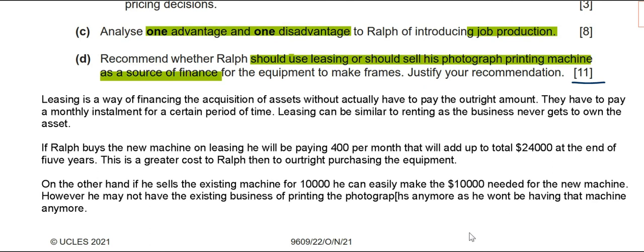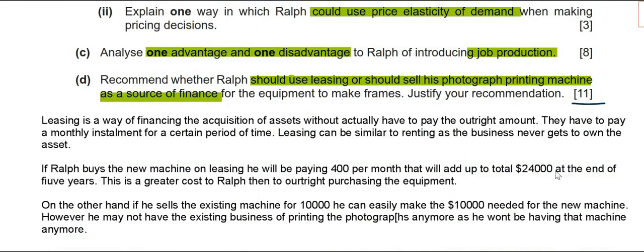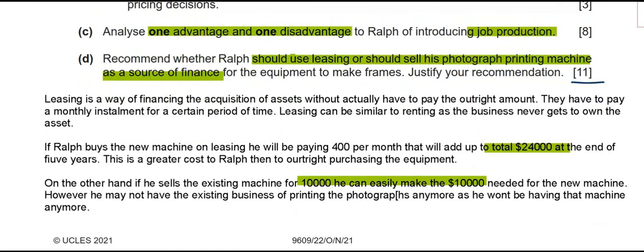So we can simply conclude this by saying that it is better if he does not go for the leasing option, and we will add in all the numbers and the calculation that I did over here for the leasing part: the total amount that he has to pay if he leases.